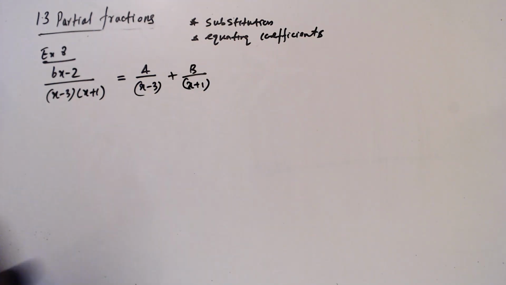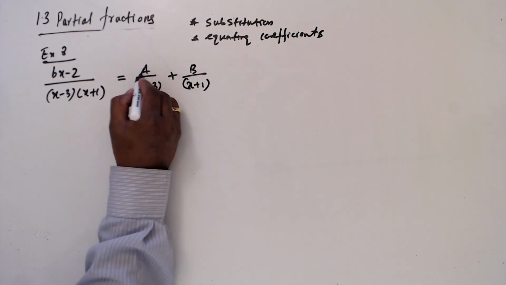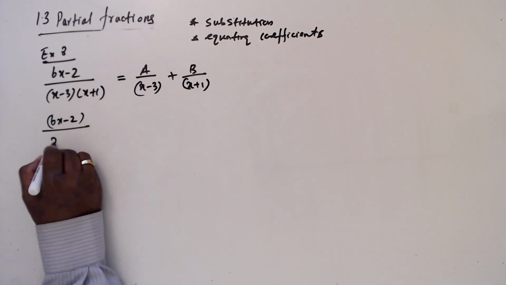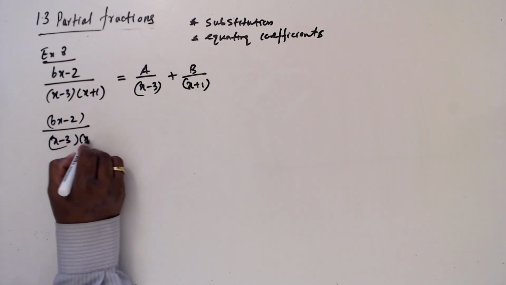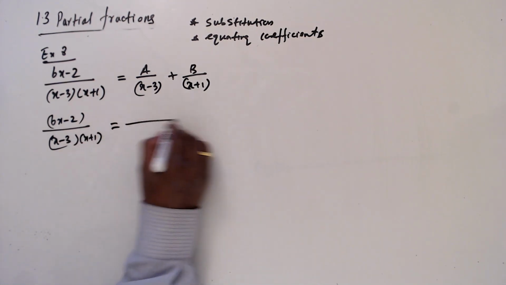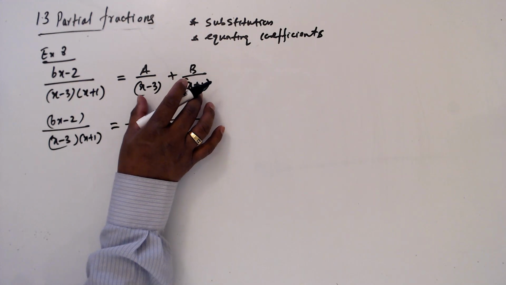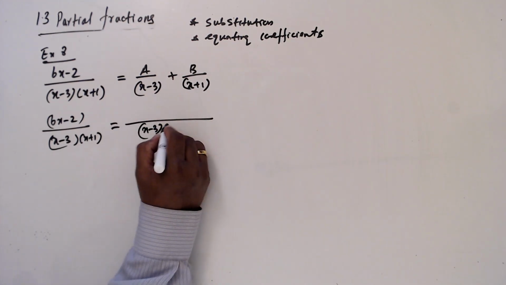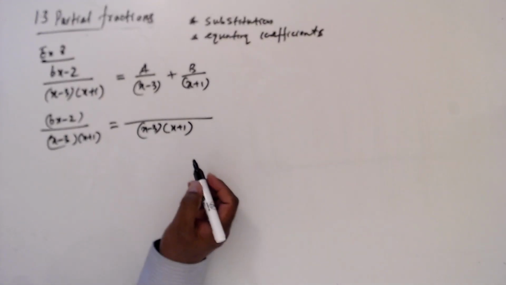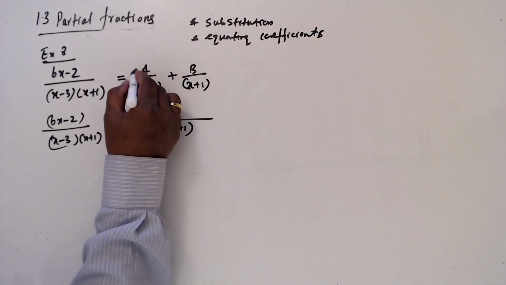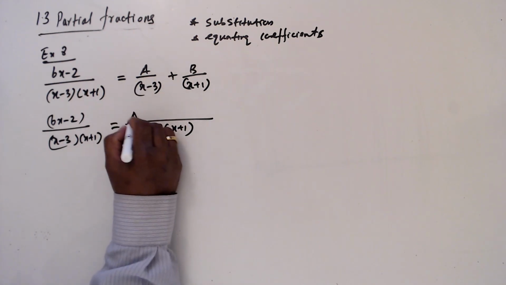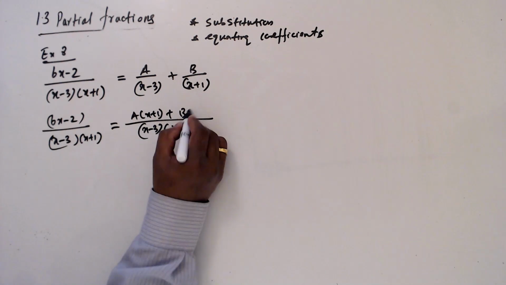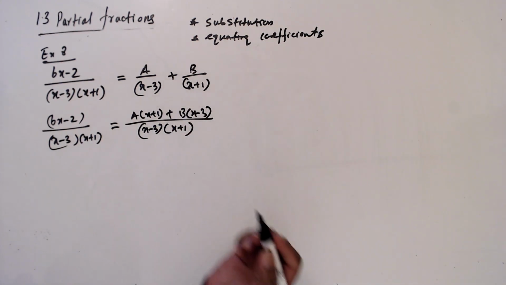Now we'll simplify because we need to find A and B. So 6x minus 2 over (x minus 3)(x plus 1) equals A over x minus 3 plus B over x plus 1. I find the common denominator, which is (x minus 3)(x plus 1), and I multiply: A times (x plus 1) plus B times (x minus 3).